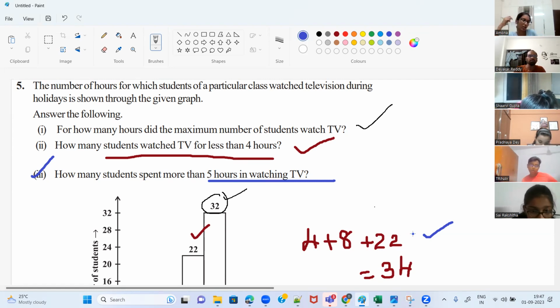For that, you need to write number of students who watched TV more than 5 hours equal to what, children?